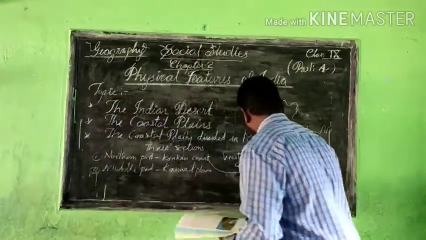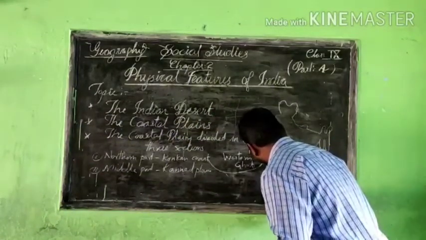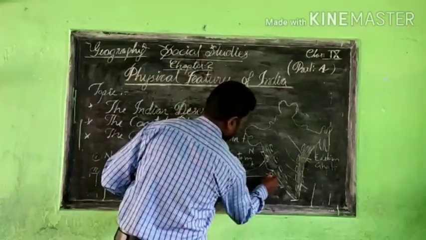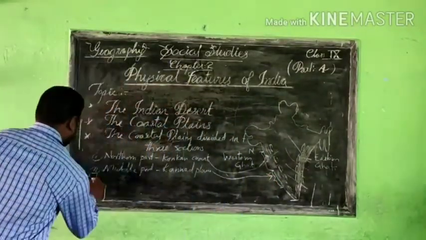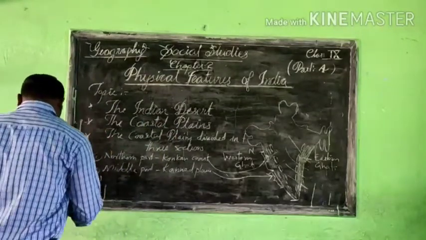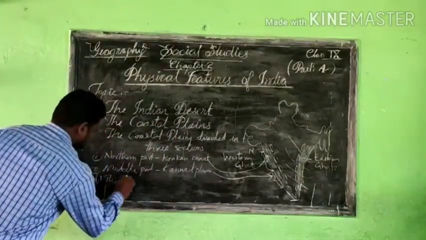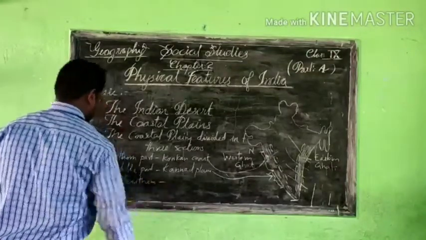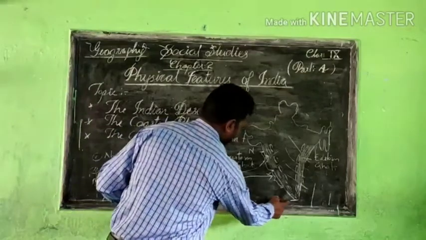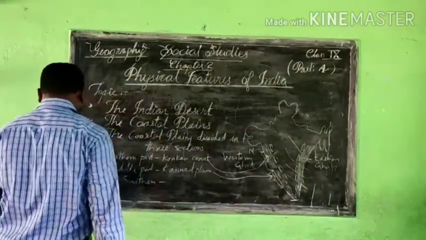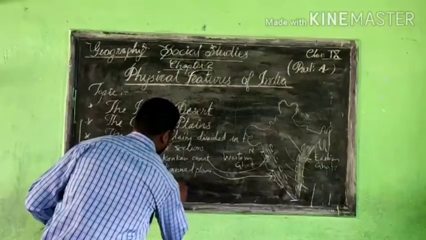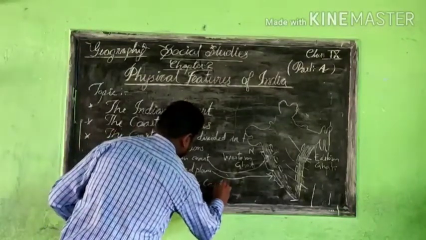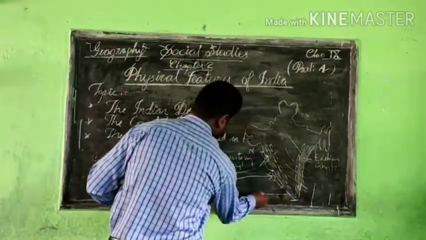These areas are called the Kannad plain. And maybe the third one is the southern plain. This part, the southern part, is called the Malabar coast.